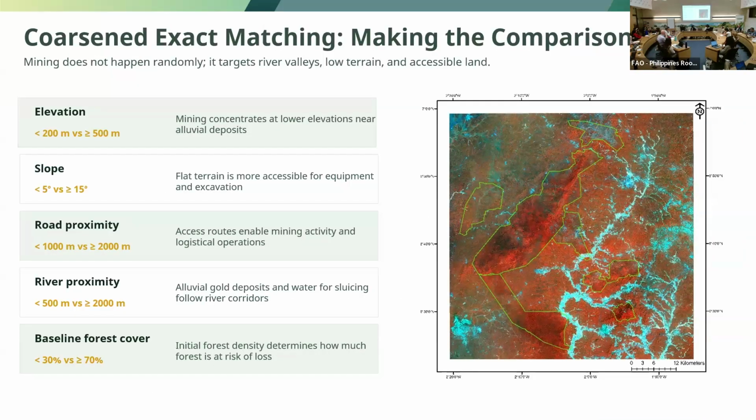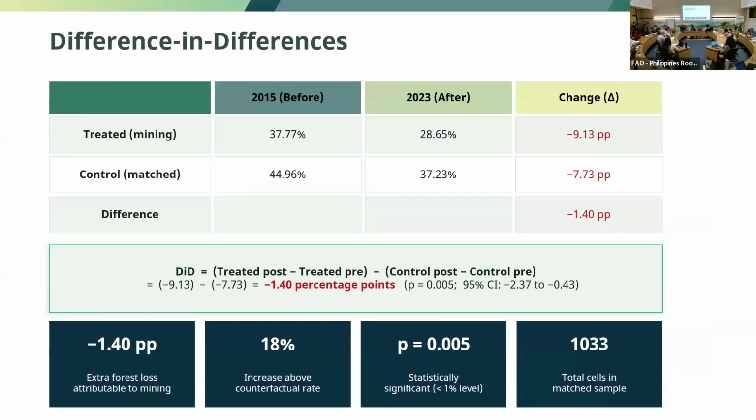And so for the matching, these are the covariates that we used: elevation, which we derived from SRTM, slope, road proximity, river proximity, and then the baseline forest cover, which we got from the Hansen global forest change data. So this was basically what we came up with.